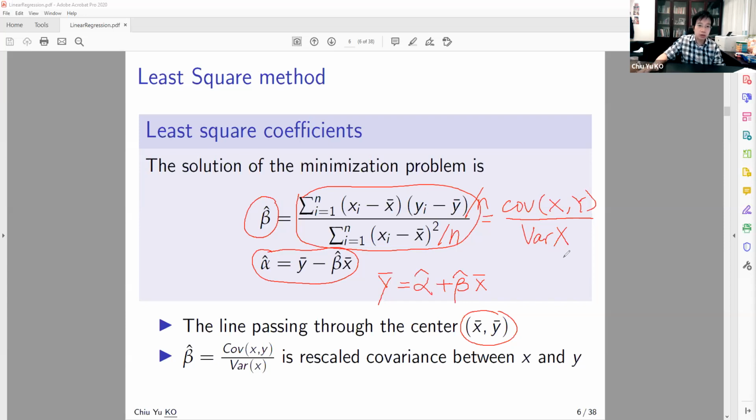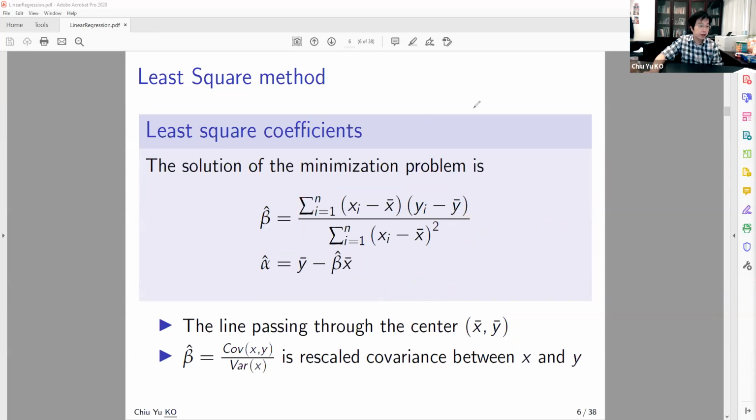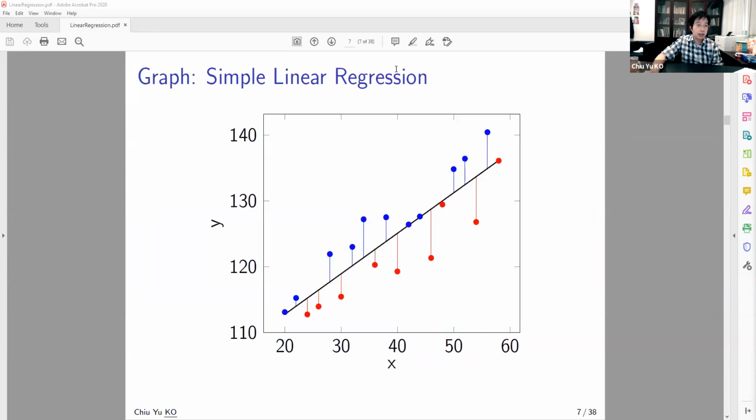Okay, I don't see any question here, so let's go to the proof and try to give you some idea behind it. As we said, the regression is trying to look at the distance and minimize this line, okay? The red line, the blue line, we treat it symmetrically.